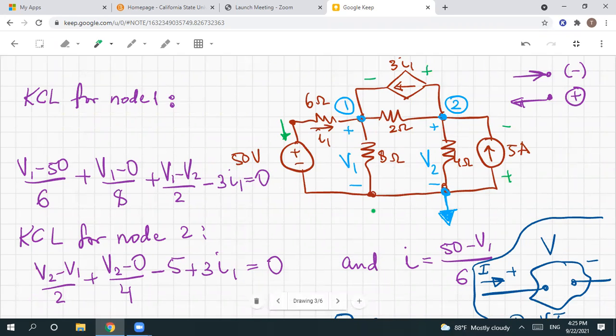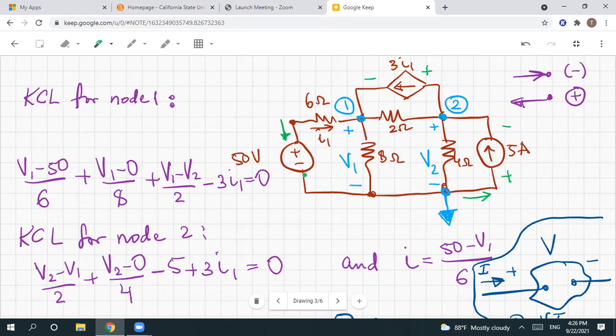I will explain each one in detail. This direction of the current and this polarity of the voltages are according to the passive sign convention, because as you see, the 5 ampere current is in this direction, and if the current goes into the positive terminal and leaves the negative terminal, it is according to the passive sign convention.